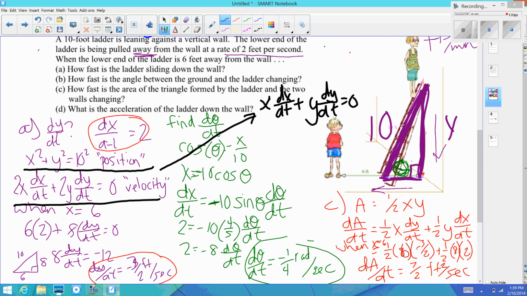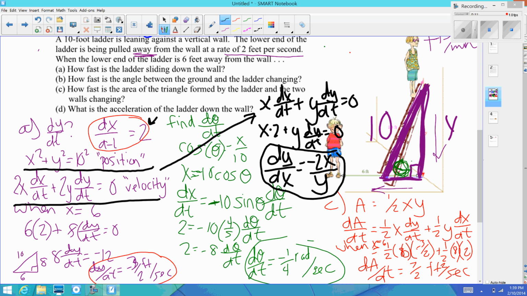And so I'm going to go ahead and, since it's changing, dx dt is changing at a specific rate, I can go ahead and plug that in. So I'm going to get x times 2 plus y dy dt equals 0. All right, or dy dt equals negative 2x over y. Now, with this equation, what I can do is take the derivative of that using the quotient rule.